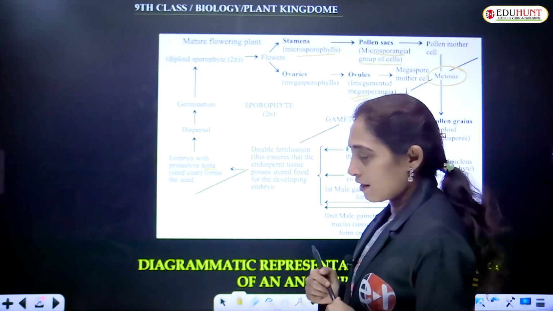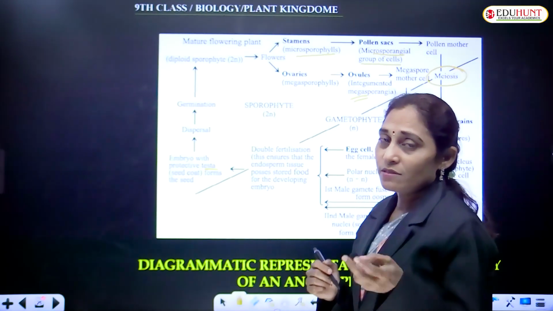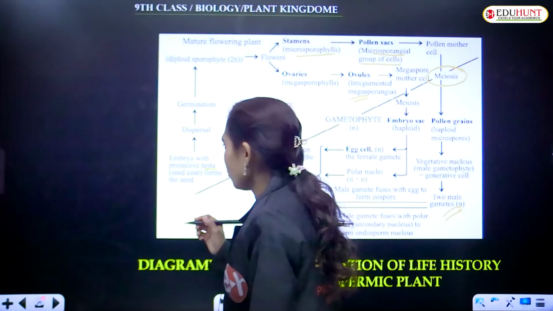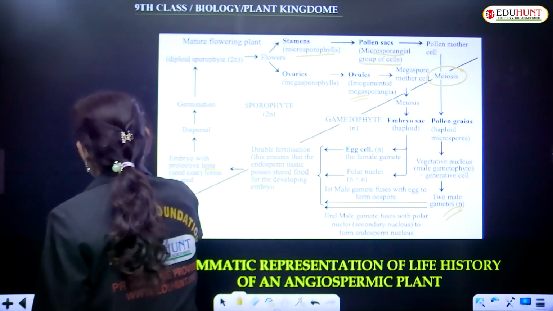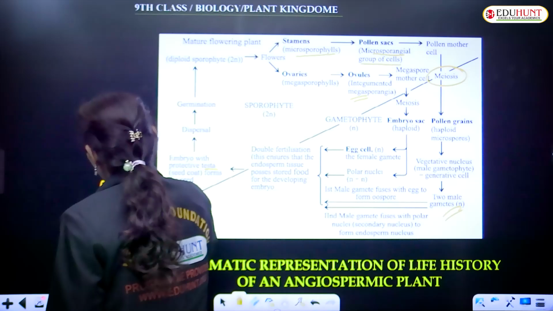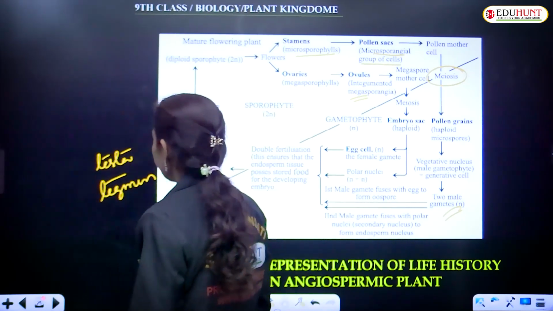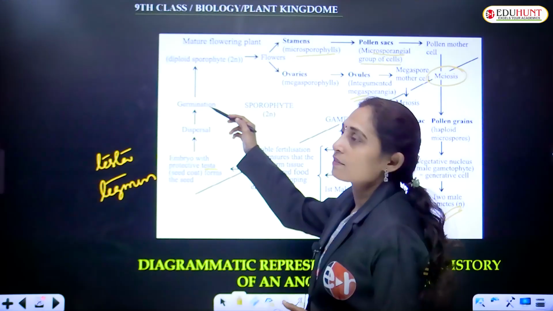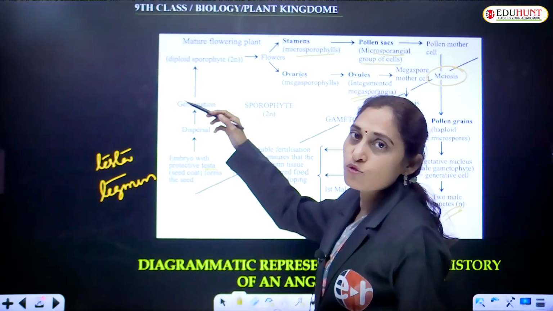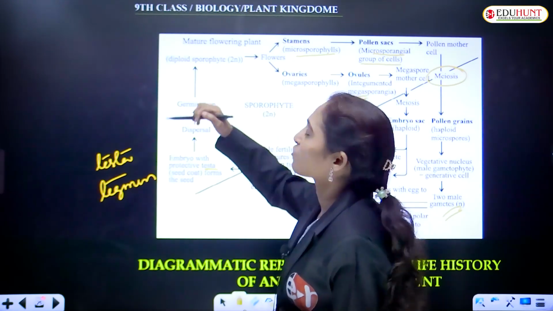Testa and tegmen are the two covers of the seed. After seed dispersal, it germinates on suitable substratum and will give rise to the mature plant.